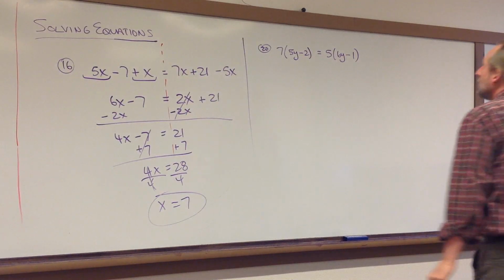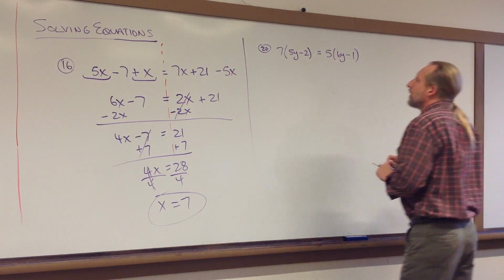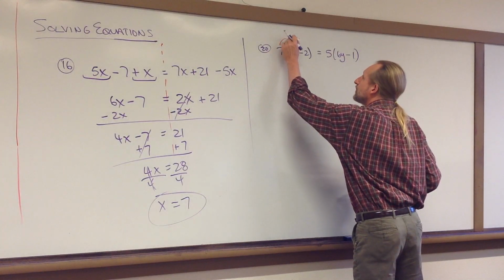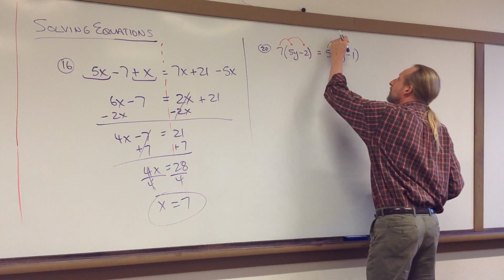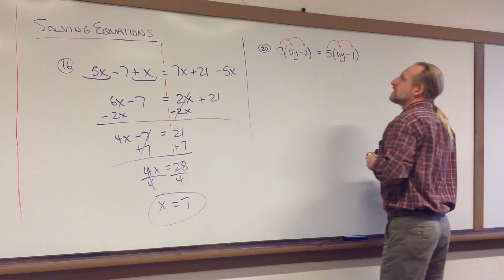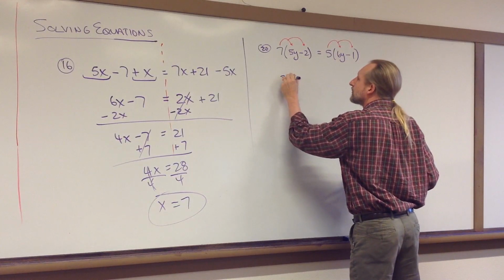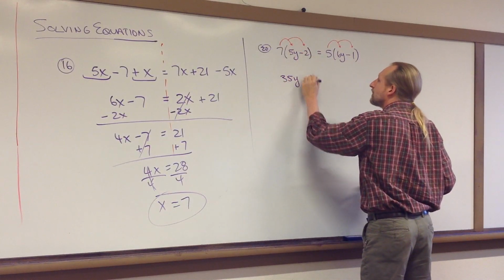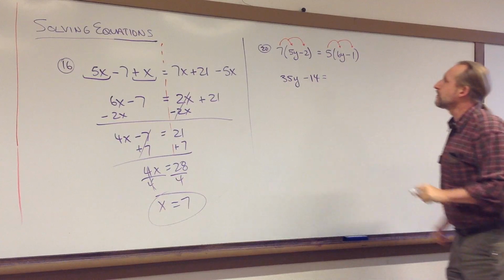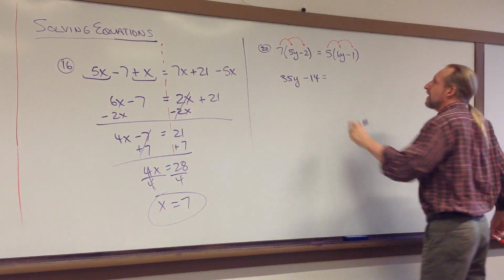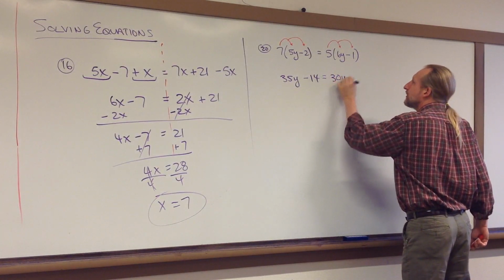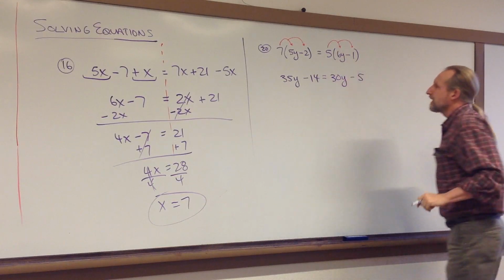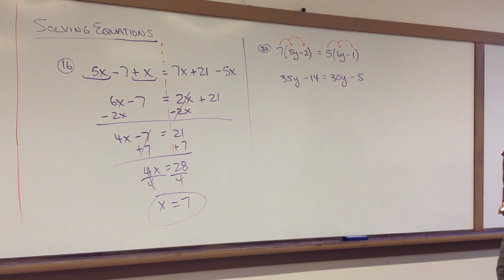Okay, so here what we want to do is distribute these into the parentheses. And 7 times 5y is 35y. 7 times minus 2 is minus 14. Over here, 5 times 6y is 30y. 5 times negative 1 is negative 5.